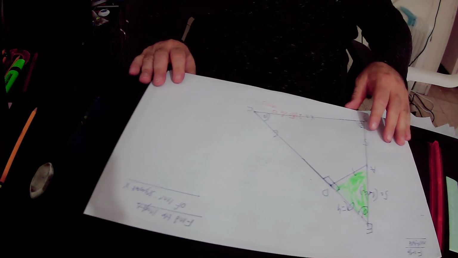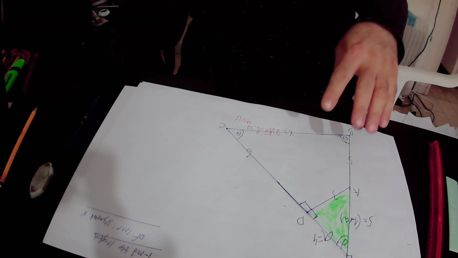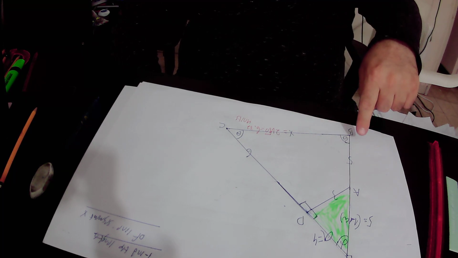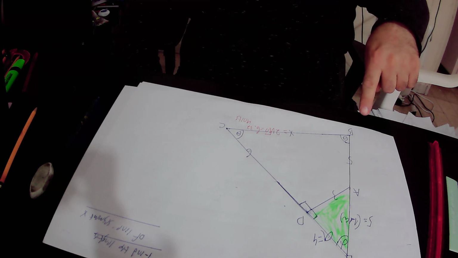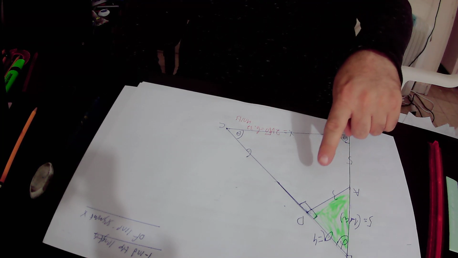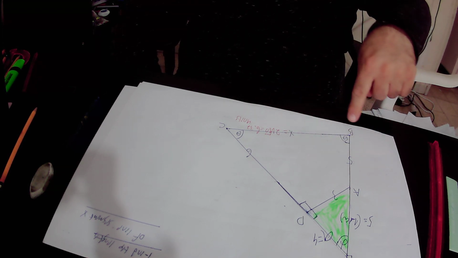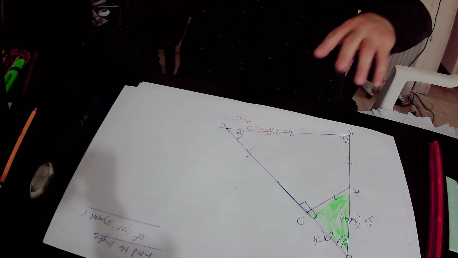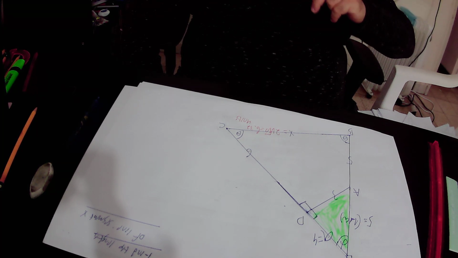So let me repeat the question itself. Here we have quadrilateral ABCD. Side AB equals 5 units, AD equals 3 units, DC equals 6 units. Angle ADC equals 90 degrees. Angle DCB equals angle ABC equals theta. And we want to find the length of side BC that is equal to x.